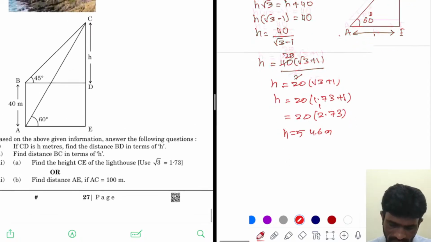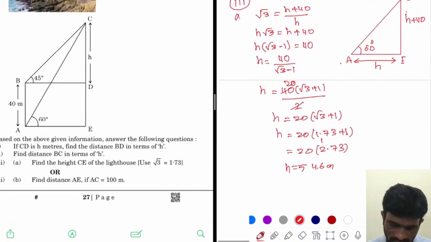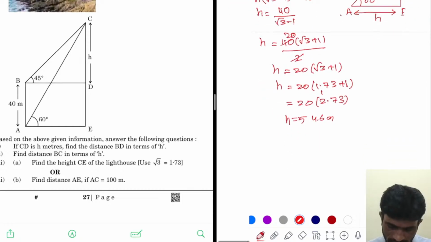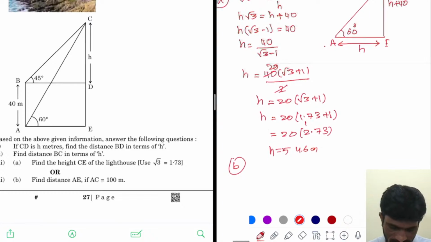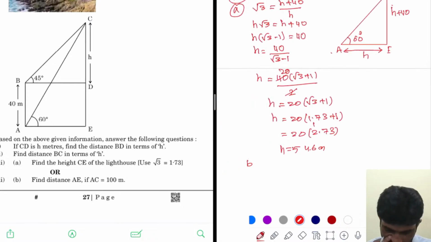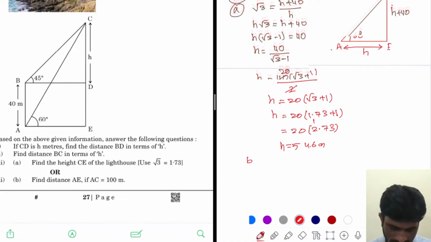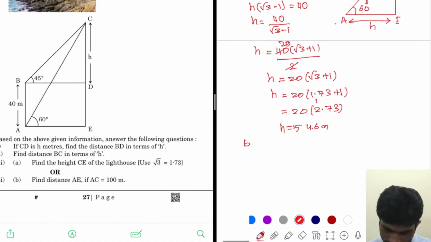Instead of this, we can find out another one also. This is A. If you want to find out CE in this, we have to find out AE in that. AC is given, 100. So when you want AE, it is the adjacent side, so cos 60 degrees we have to use.